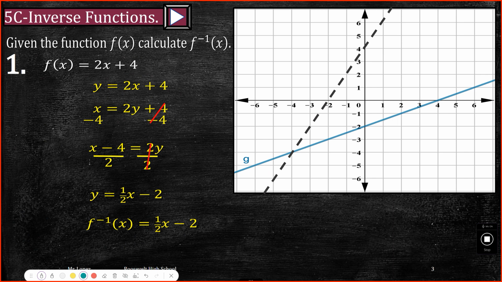If you notice this, if I fold the paper right here in the middle, then this will be on top of this, and this will be on top of this, and they match up if I fold it with respect to this line. That's what's going to happen.